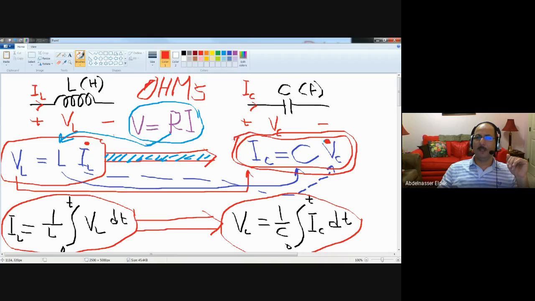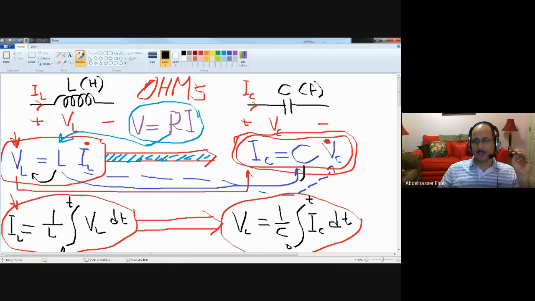And if you want to find the opposite, here you have the voltage in terms of current. If you want to find the current in terms of voltage, what you have to do is just move this L to the other side, then it will be 1 over L, and then integrate both sides. Same here.